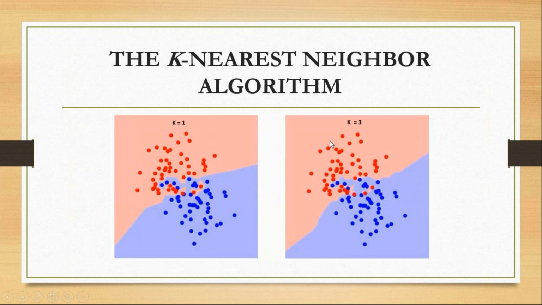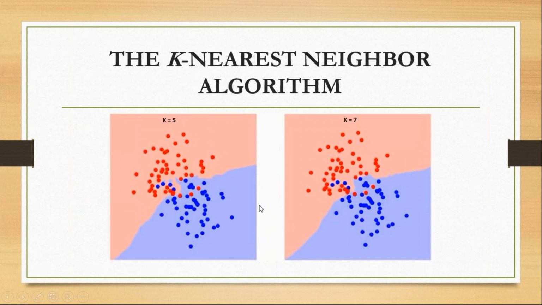As I keep on increasing the value of k, you will notice that this boundary becomes very smooth. If I keep on increasing the value of k, now see, the boundary has become very smooth. Although there is some misclassification and it has gone to some other labels altogether, the kind of boundary that I'm getting is very smooth.